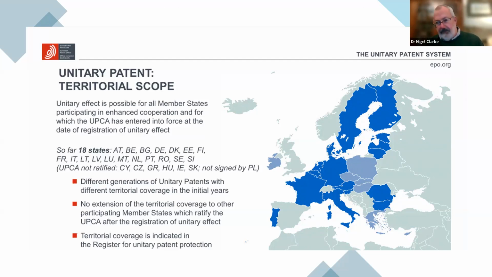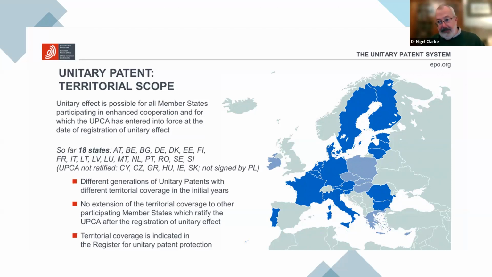Spain decided for many, many reasons not to participate in the unitary patent or the community patent. So it can't be called a community patent because it's not for all members of the European community.